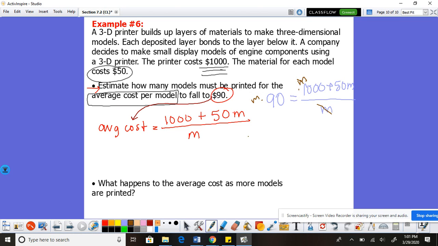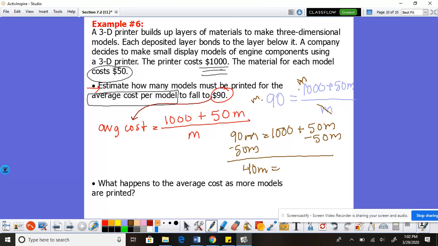So that and that'll go away. 90m equals 1,000 plus 50m. Minus 50m minus 50m, I get 40m equals 1,000, divided by 40, divided by 40. So 1,000 divided by 40 is 25. So when I sell 25 models, the average cost would be $90.